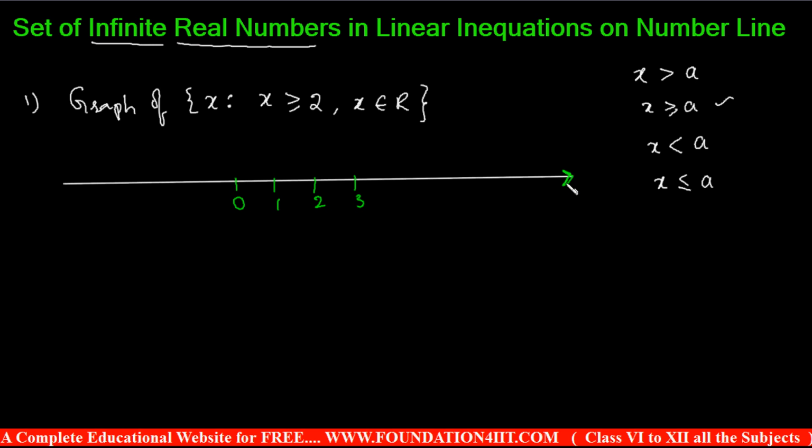Here the x value is greater than or equal to 2, so 2 is also included, and more values. Because 2 is included, we keep a dark circle. And not only 2, but all the values till infinity.